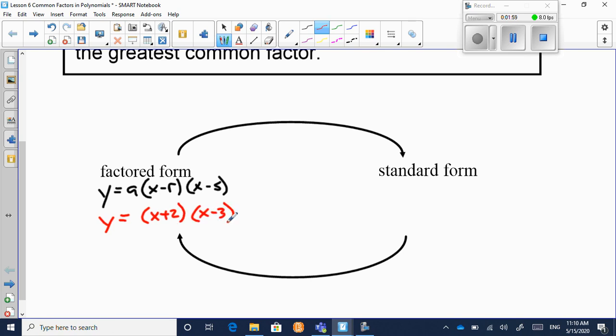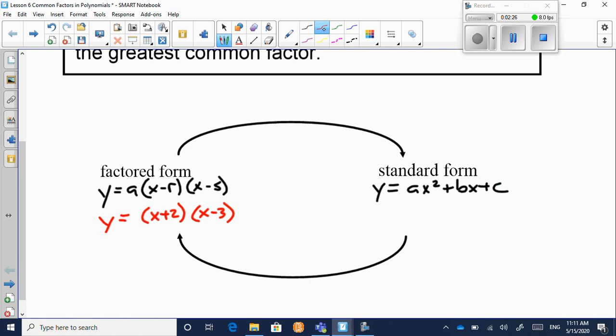So that's a factored form. In this case, the a is 1. I don't have to write the 1 in there, but the a is 1. Well, that exact same parabola written in standard form, first of all, standard form looks like this: y is equal to ax squared plus bx plus c. That's the way you would write it.